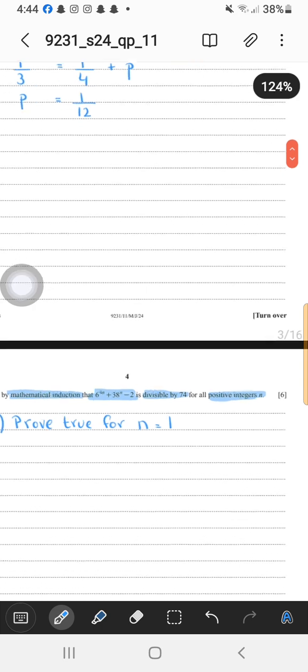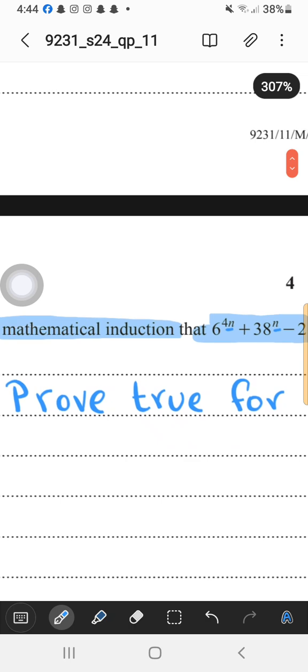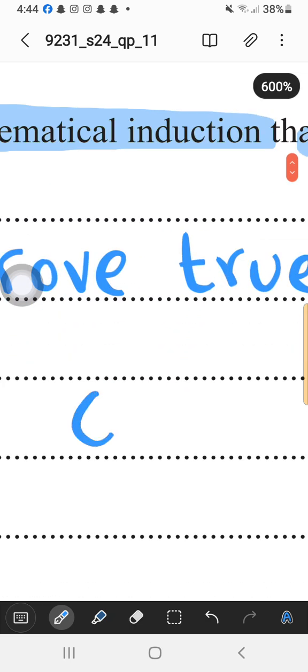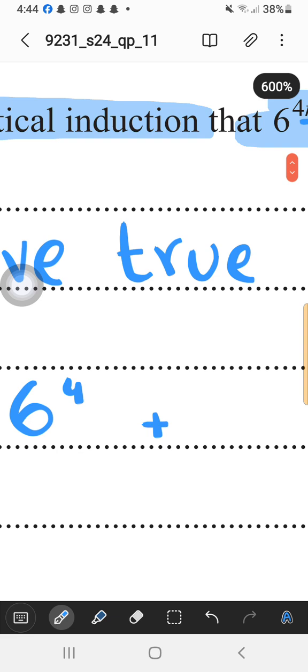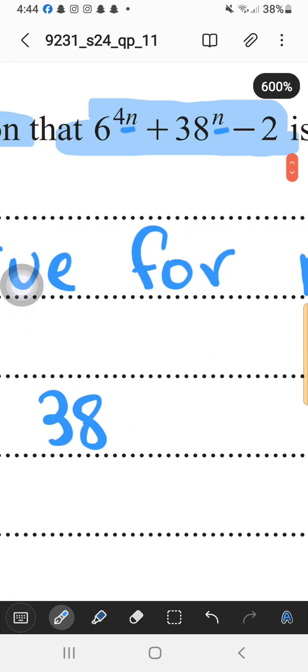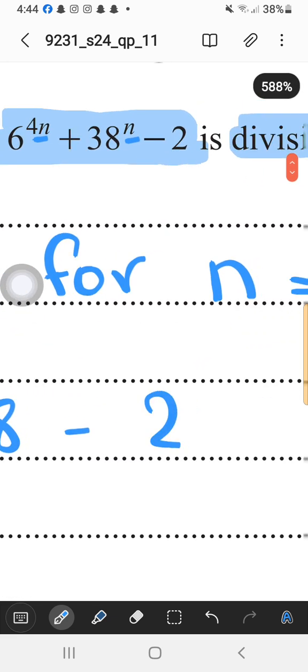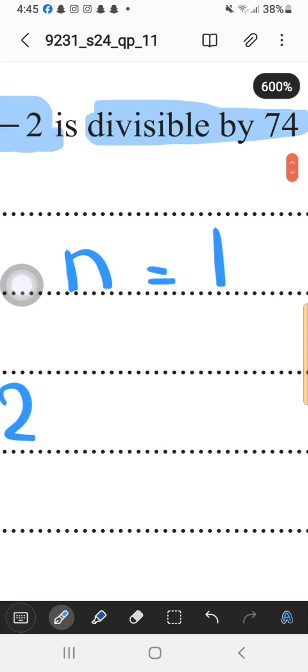So let's insert 1 in this: 6^4 + 38 - 2. Let's calculate it. What are we getting as our answer? Plus 38 and minus 2, we are getting 1332.